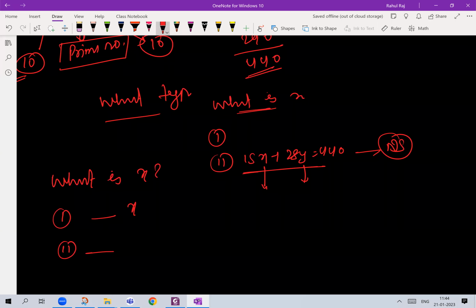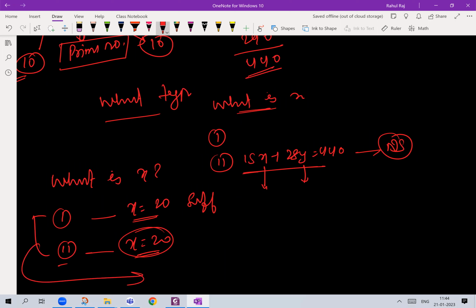Imagine from statement number one, you get X is equal to 20 and you say the answer is sufficient. If at all statement number two is sufficient, you will still get X is equal to 20 only. It would never happen that statement number two will give you X is equal to 30 and the answer is sufficient. If at all you combine and try to get the answer, it will still be X is equal to 20. It will never be X is equal to 30 and you say that it is sufficient. So two statements in data sufficiency never contradict each other.